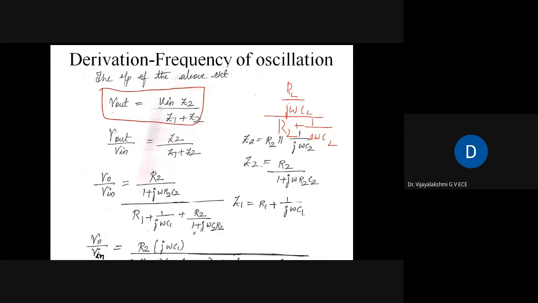Or I have taken V in to the left hand side, so we can get V out divided by V in is equal to Z2 divided by Z1 plus Z2. Now let us substitute for Z2 and Z1. What is Z2?